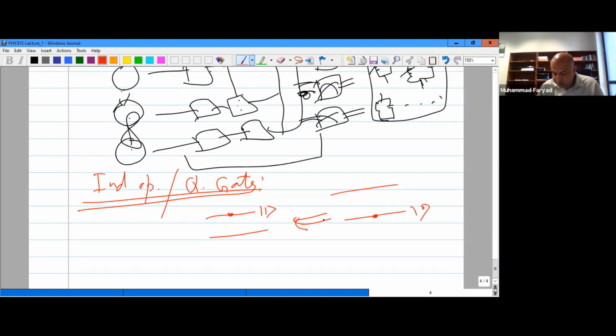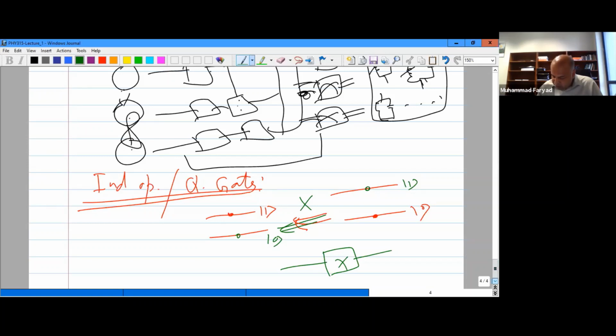So this is one type of operation. Or if your system is present in, for example, the 1 state, and you want to transform it to the 0 state. So this is one type of operation where you sort of invert. You take the system from 0 to 1 or 1 to 0. This operation is called the NOT operation or X operation. So symbolically this is represented by this X gate.